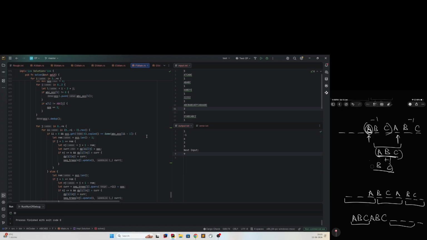So the way I have handled it is, I'm here. The number of operations is 3 for this substring. Like to change the substring to ABC, we require 3 operations. Now j will have -1 because of this, it will have -1 because of this, and it will have +1 because of this.